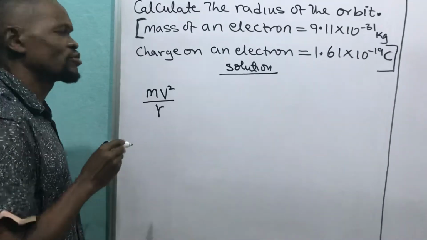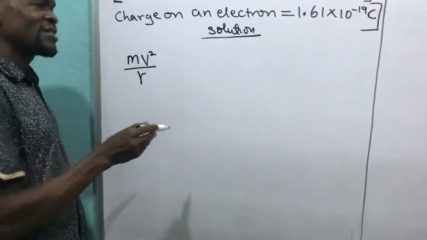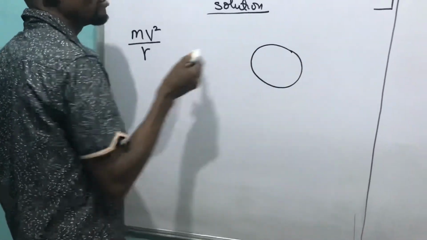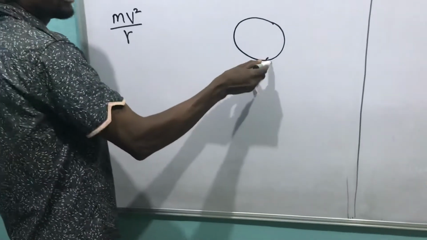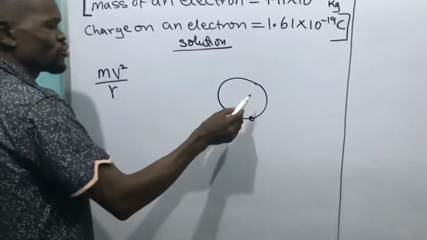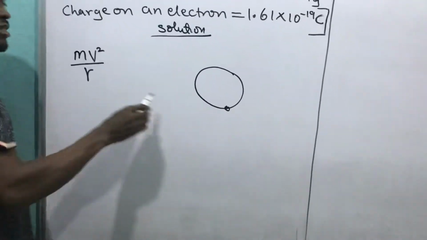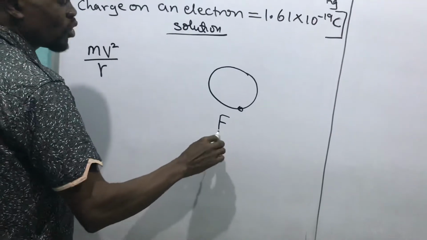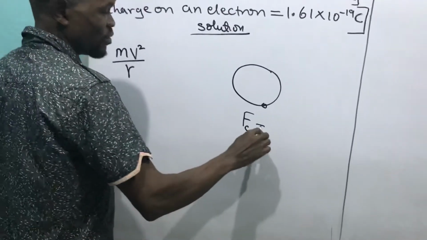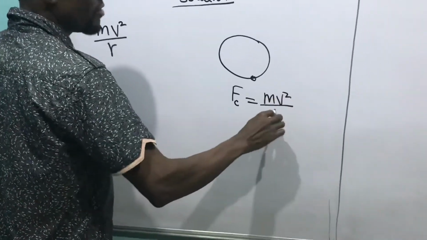This is the force on an object moving in a circular form, an orbit. The force exerted on that object is called the centripetal force, Fc, which is equal to mass times velocity squared all over r.